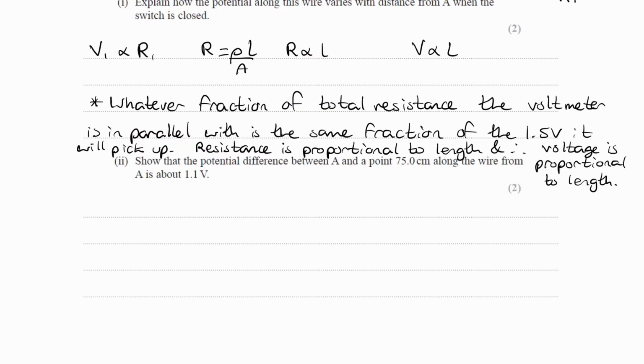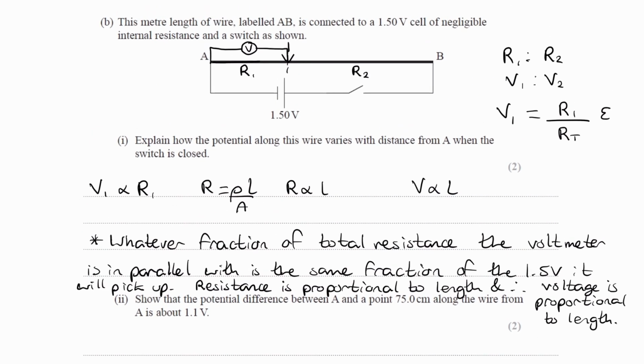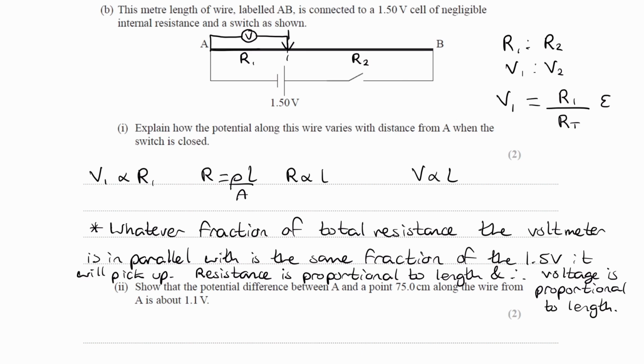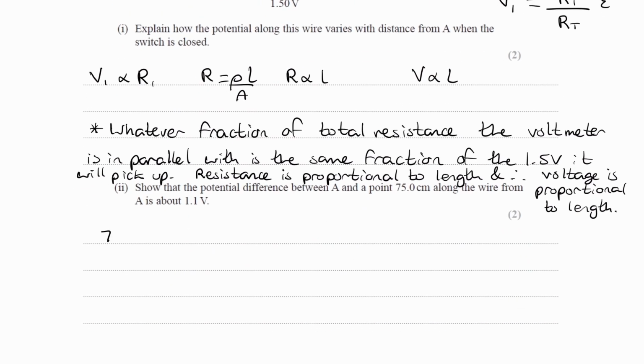For part 2, we're showing the potential difference between A and a point 75 centimeters along the wire is about 1.1 volt. We can use the same theory that we discussed in the previous part to answer this. Whatever fraction of the wire the voltmeter is in parallel with, in this case 75 over 100, or 3/4, will be the fraction of the total voltage that the voltmeter will read.